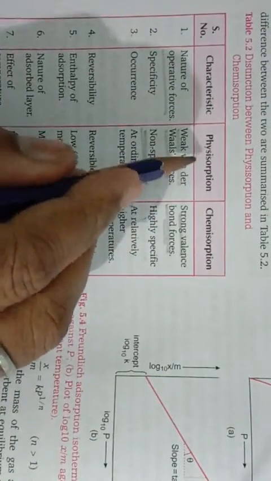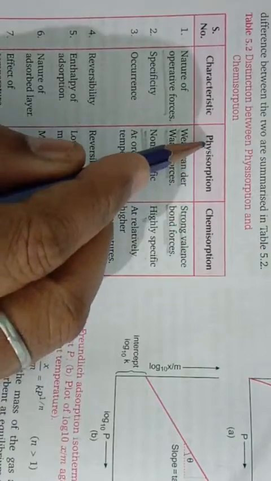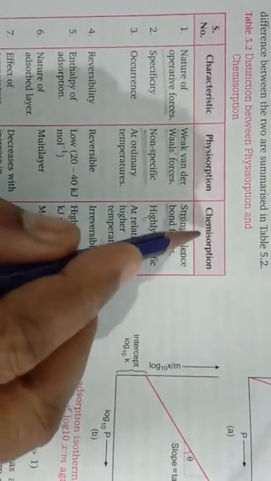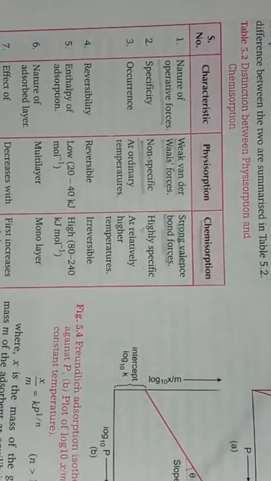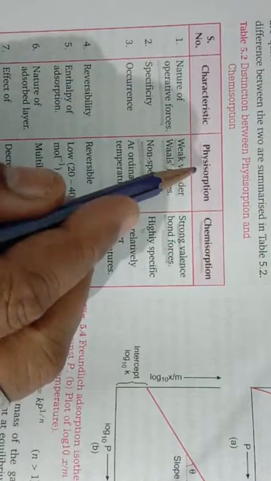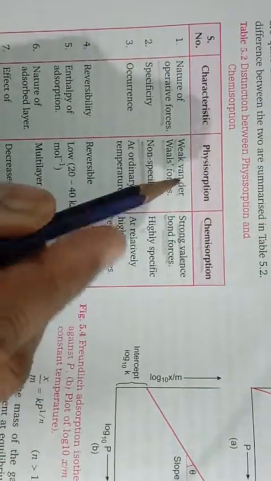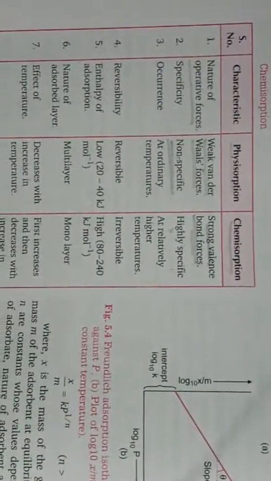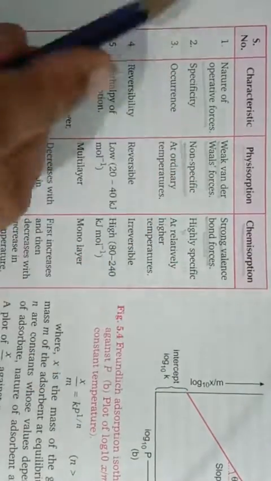Then, types of adsorption. There are two types of adsorption: physical adsorption, which is also known as physisorption, and chemical adsorption, which is known as chemisorption. We can understand these types of adsorption on the basis of differences between them.